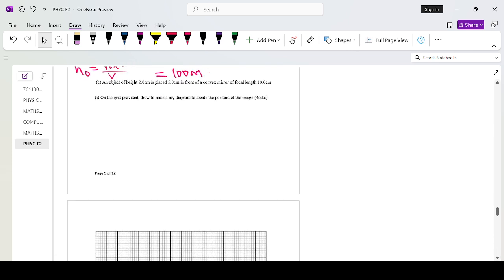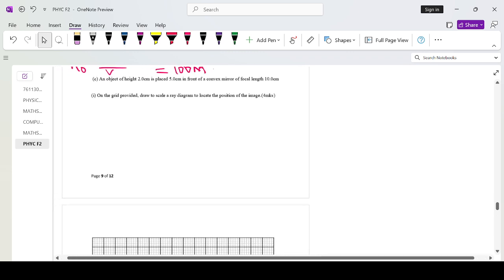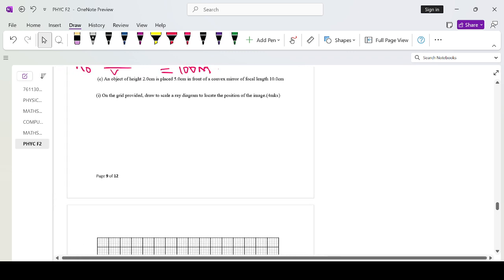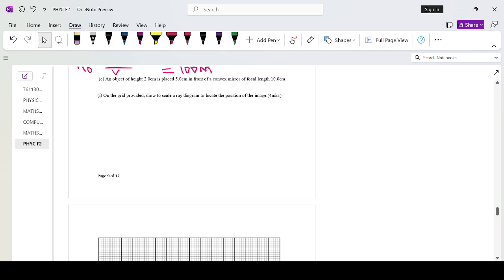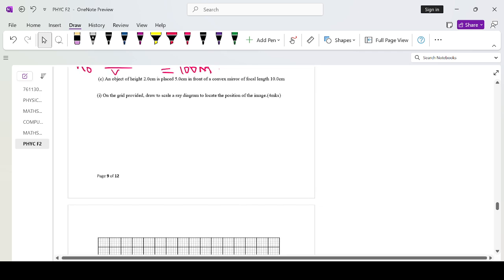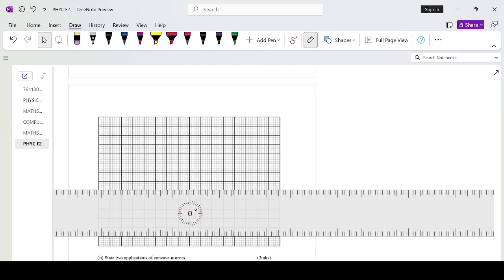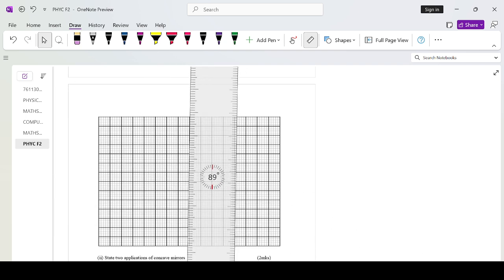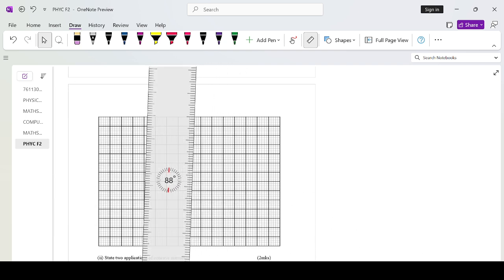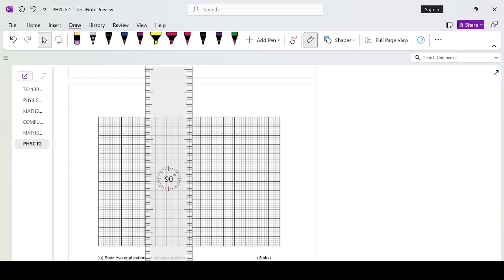So they are saying an object of height 2 centimeters is placed. So first of all, let's draw our convex lens. Sorry, our convex mirror. Let's have it drawn well. Let's draw it together.